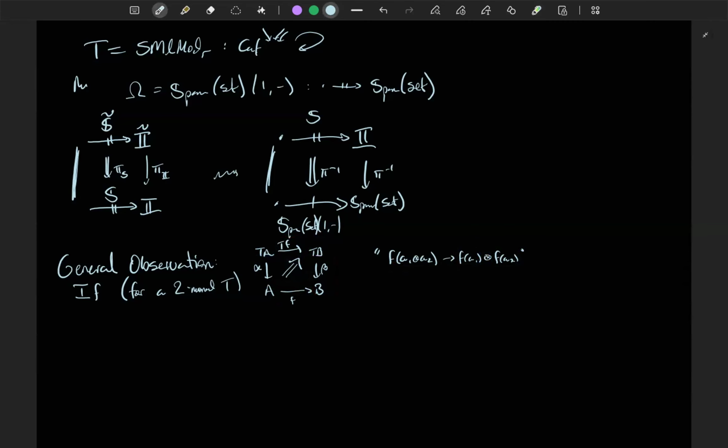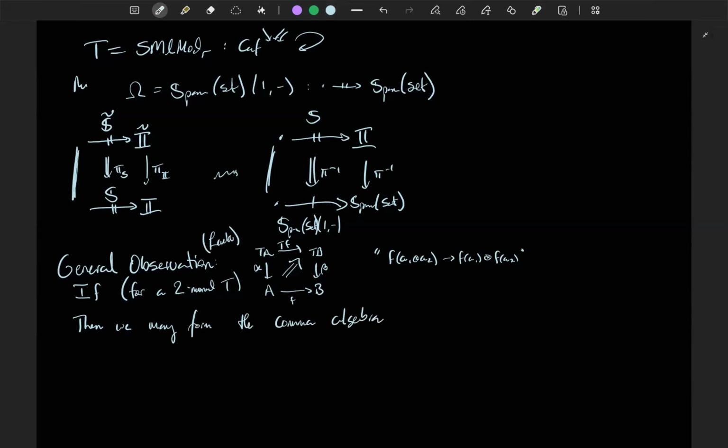Okay, so if we have that, then for a strict functor, but actually I don't need to be at this level of generality, we may form, this is due to Lack, the comma algebra.